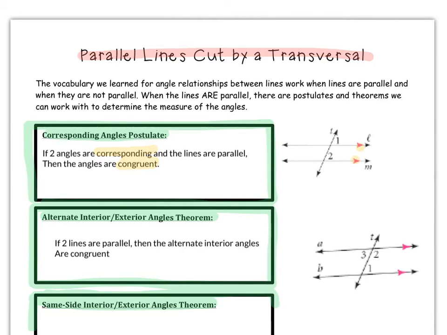This also works for alternate exterior. If two lines are parallel, then the alternate exterior angles are congruent.